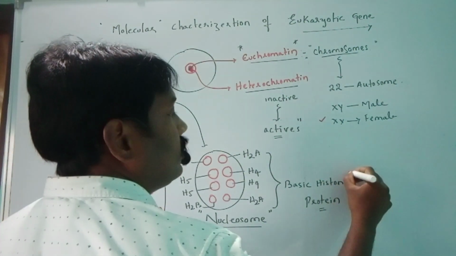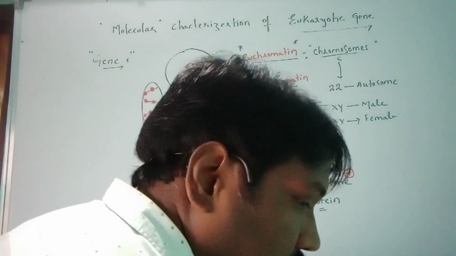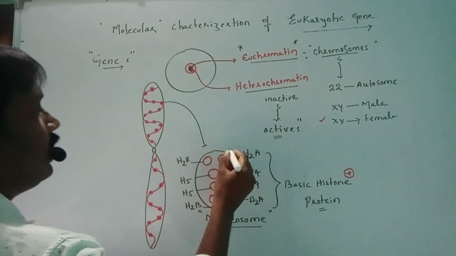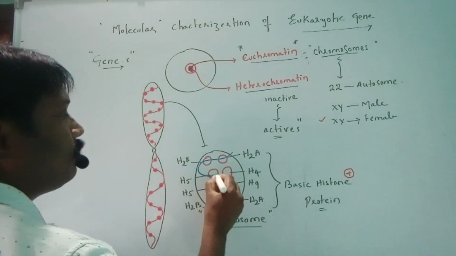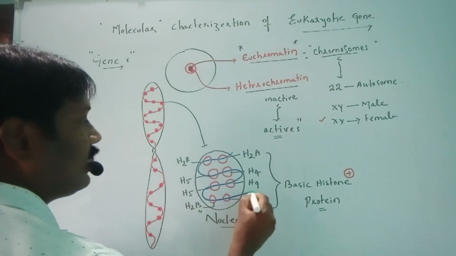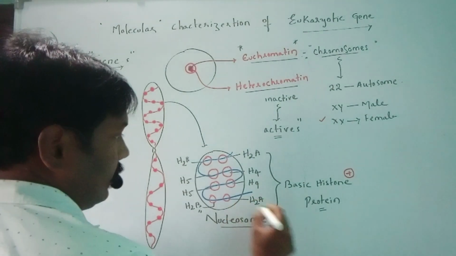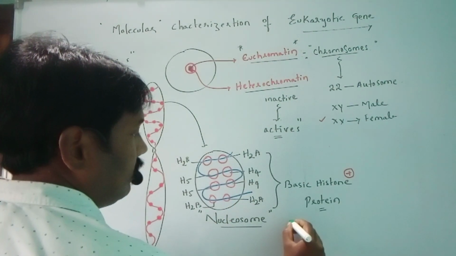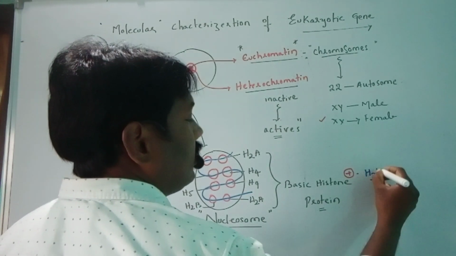They have a positive charge. As we know, DNA has a negative charge, so this negatively charged DNA combines with the positively charged basic histone protein to form a tight coil.